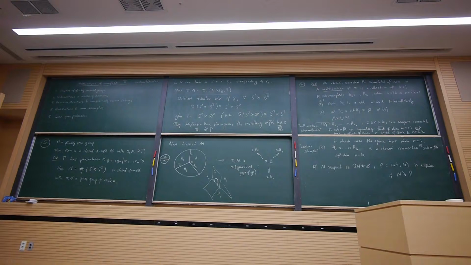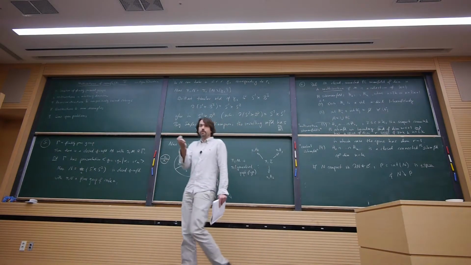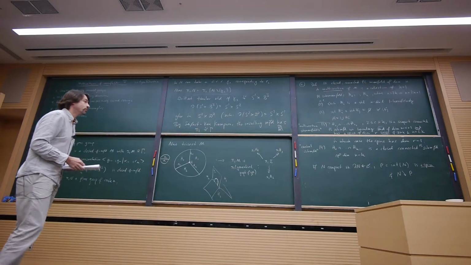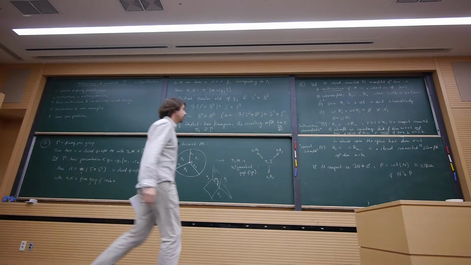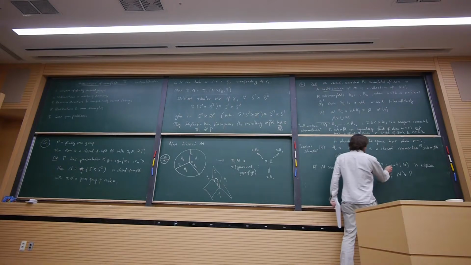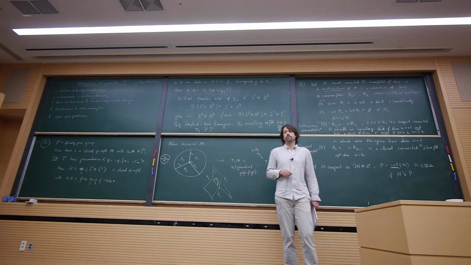So you can just collapse N, because I have non-empty boundary, you can start collapsing it from the boundary onto P. And the main thing here is that I want P to be contained in the interior of N and not meet the boundary.